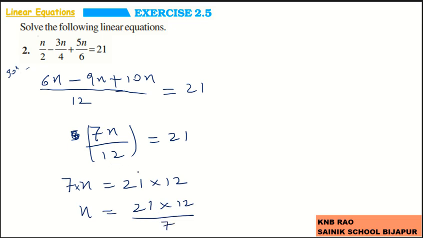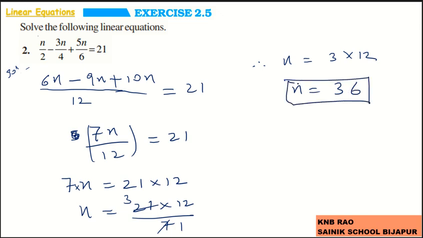You know, here 12 is the denominator, if it comes here it multiplies, here 7 is multiplying, if it comes here it divides. So 7 1s are 7, 7 3s are 21, therefore n equals 3 into 12, n equals 36 is the solution.